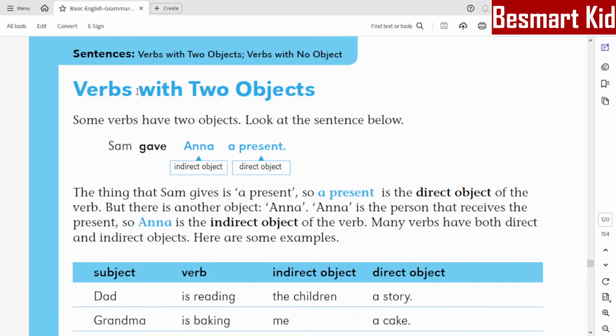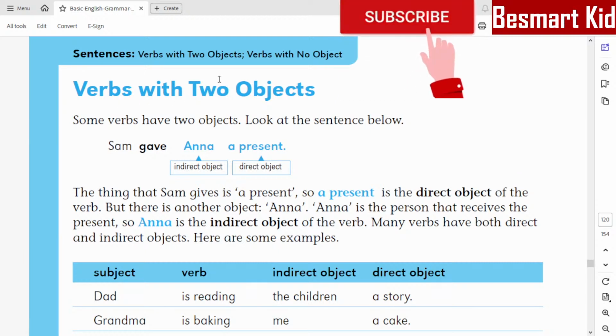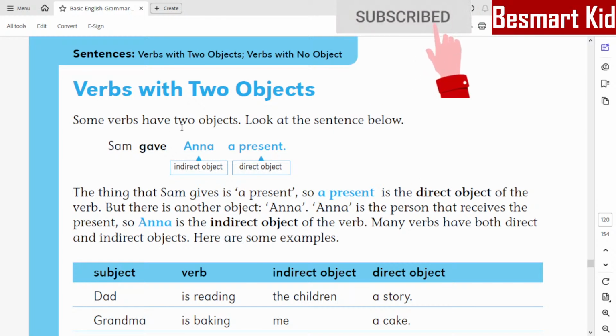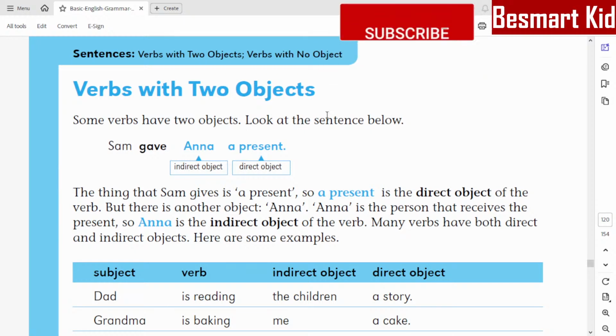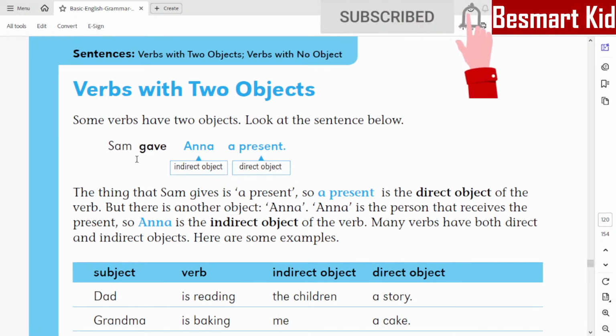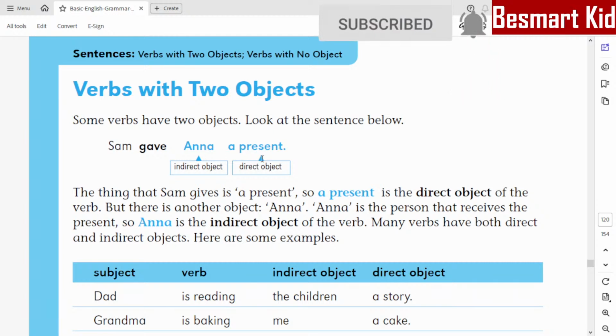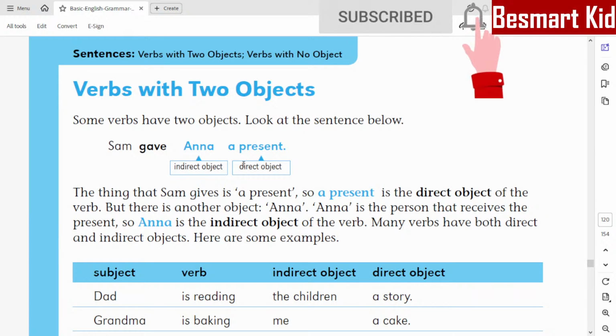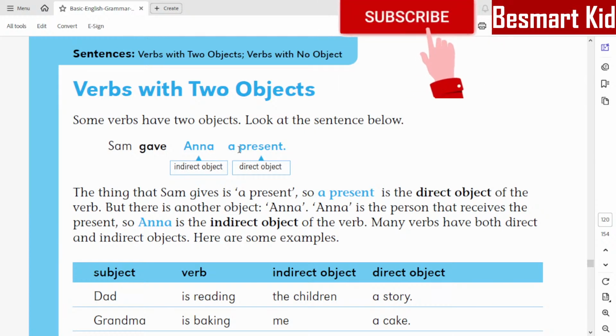Now we have verbs with two objects. Some verbs have two objects. Look at the sentence below. Sam gave Anna a present.